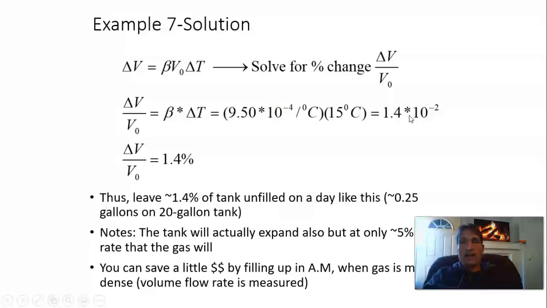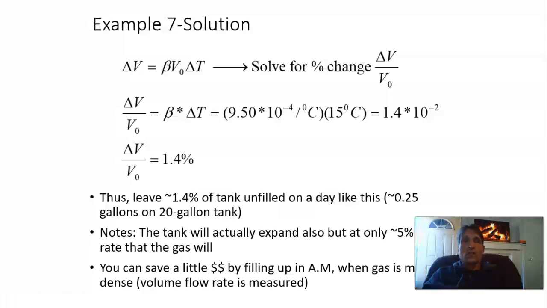We see that the fractional change in the volume of gasoline is 1.4 times 10 to the negative 2, which is 1.4%. What this means is that over the course of this day, where the temperature increased by 15 degrees Celsius, the gasoline in your tank will expand, the volume will increase by about 1.4%.